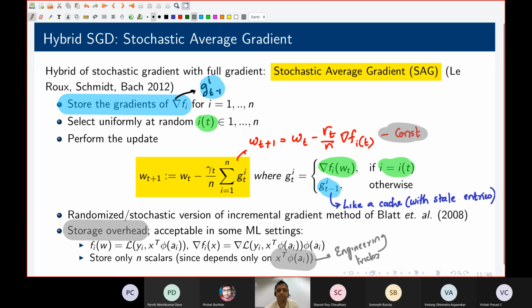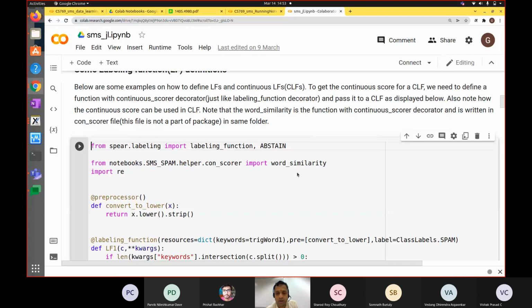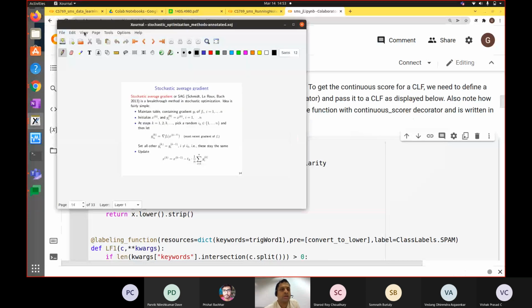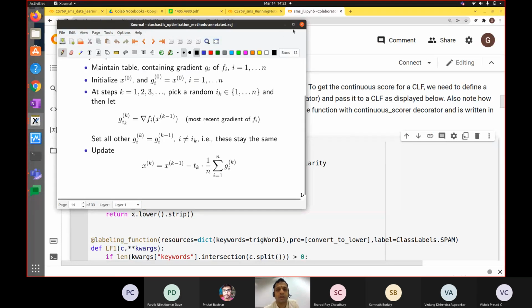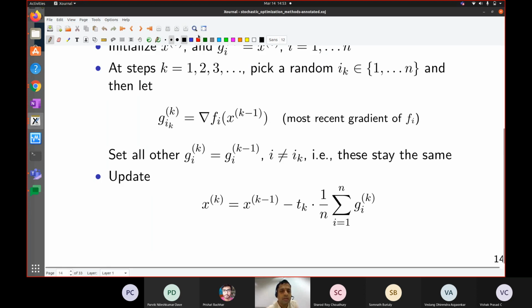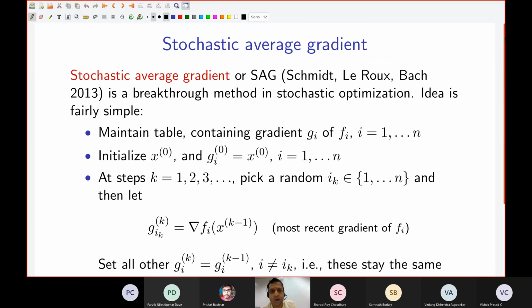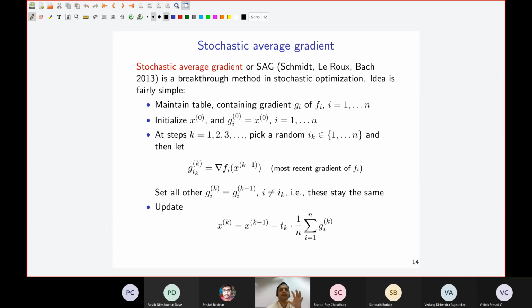What I'll do is quickly show you a bunch of slides from Pradeep Ravikumar on the different variants of stochastic average gradient.